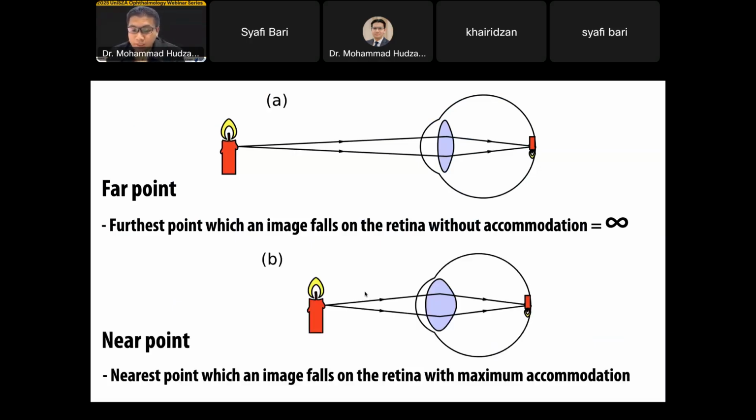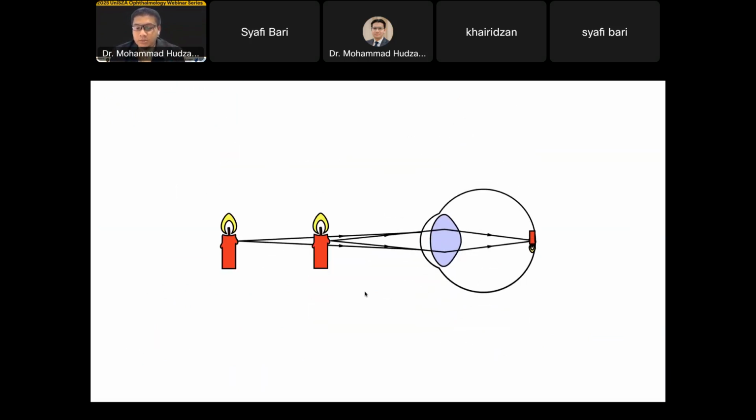The near point is when the image is closest to the eye, so the eye is at maximum accommodation. The lens is at its maximum thickness, and it can still focus the image onto the fovea. This is the near point. From here, we can get the amplitude of accommodation.